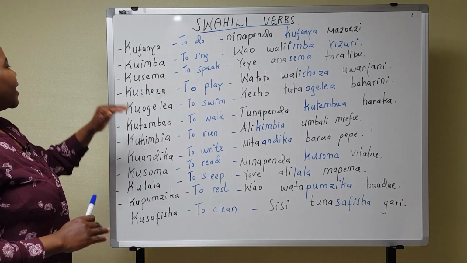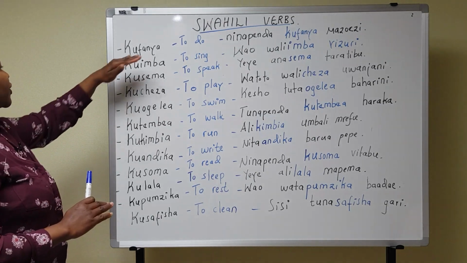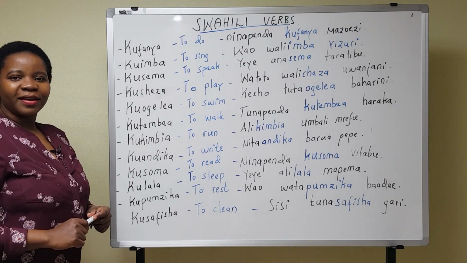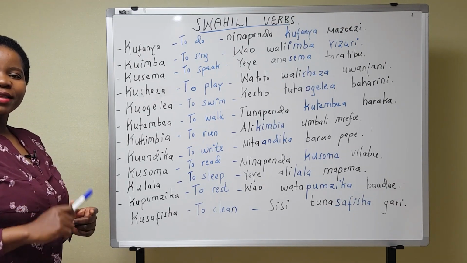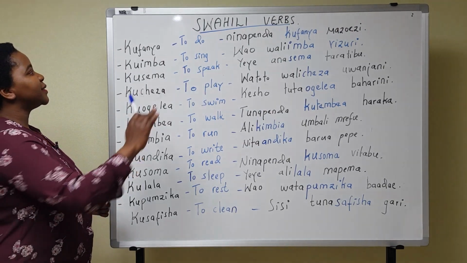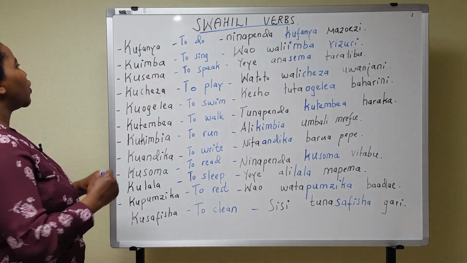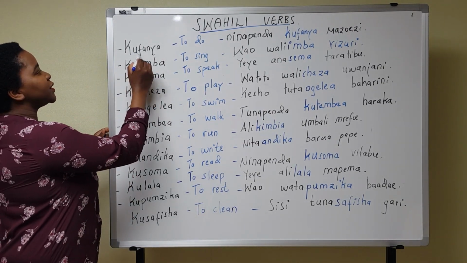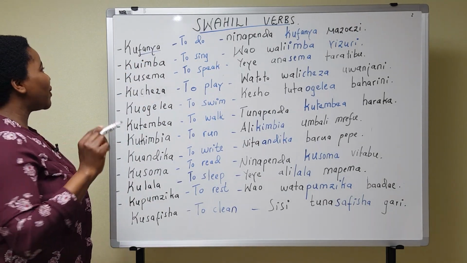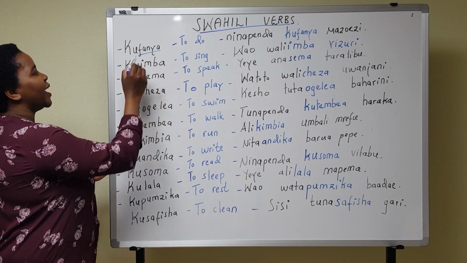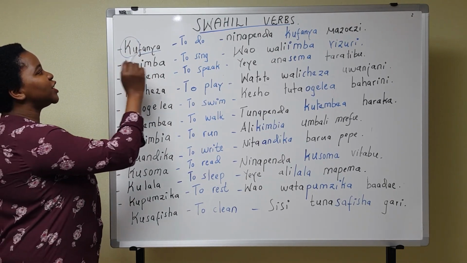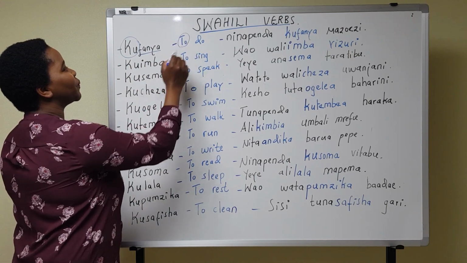Let's get started with the first verb, which is kufanya. Kufanya is to do. The root is fanya, and ku is the infinitive, which means to.